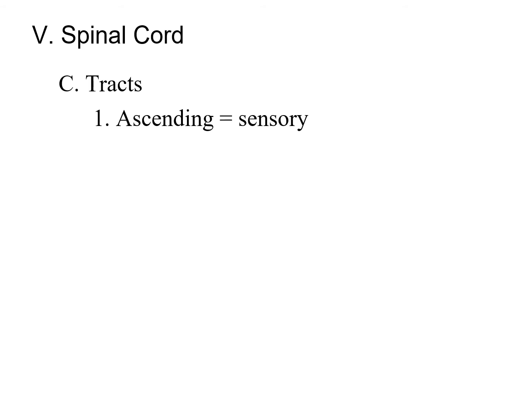This is sensory information coming from the peripheral nervous system and being conducted up these ascending tracts. Descending tracts are motor impulses traveling down axons toward effectors in the peripheral nervous system.